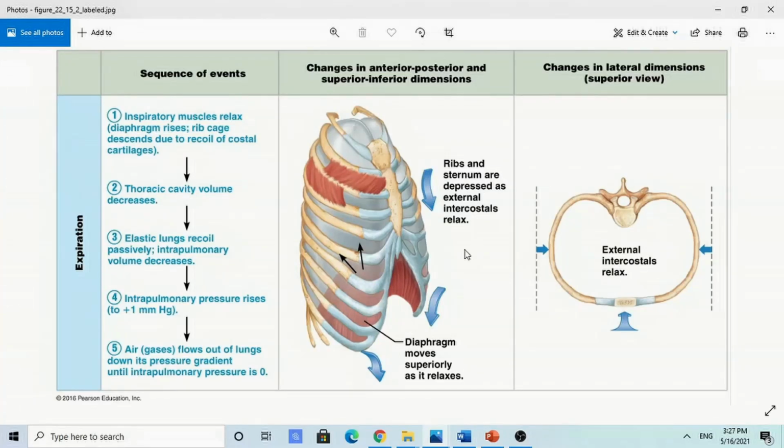So muscles involved in forced expiration during exercise and any activity are internal intercostal muscles and abdominal muscles. The recoil of the lungs and the relaxation of the diaphragm is still there in addition.